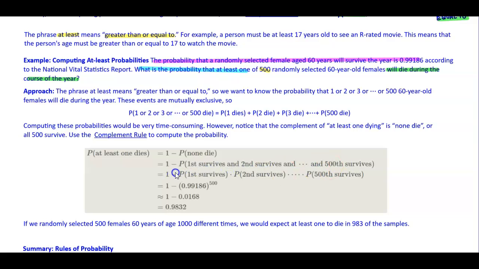That means 1 minus the probability that the first survives times the probability the second survives, and so on. We subtract the probability given in the problem, 0.99186, and since we multiply it together 500 times, we raise it to the 500th power.